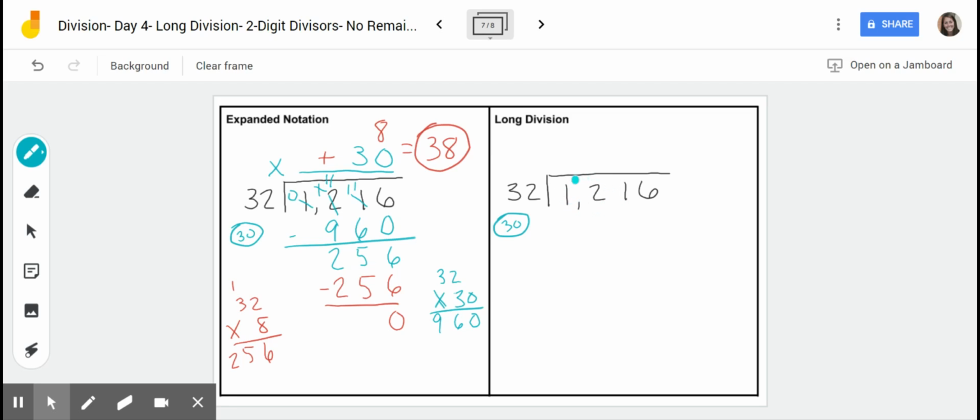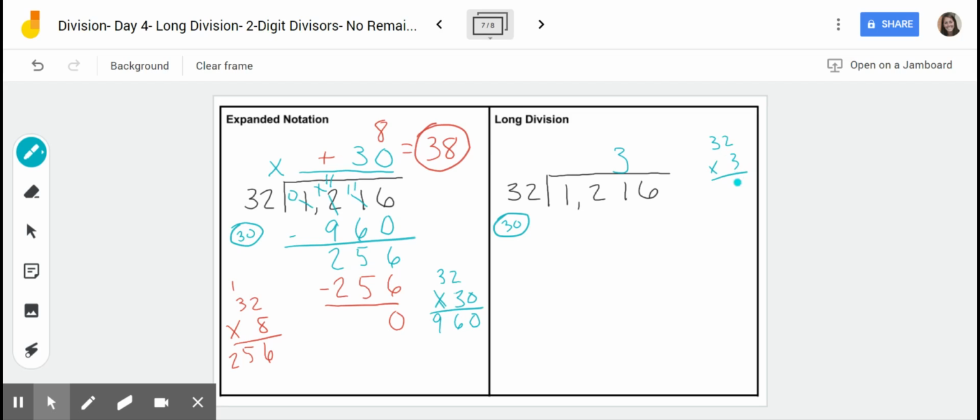So I see again 12 is less than 32, so I need to look at the first 3 digits, 121. And I'm going to think, well, I know that 30 times 4 is 120. But this is 32, not 30, so I need to use 3 groups. And I'm going to check, what is 32 times 3?